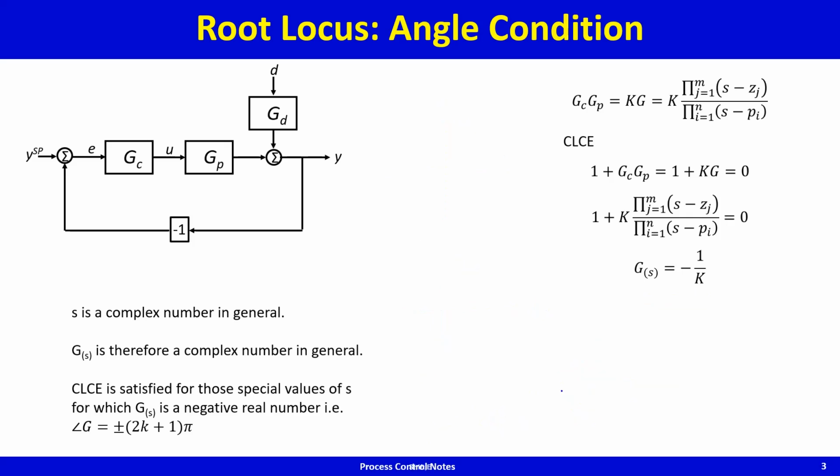So what this means is that we are looking for those special values of S which result in a G with an angle of odd multiple of pi.